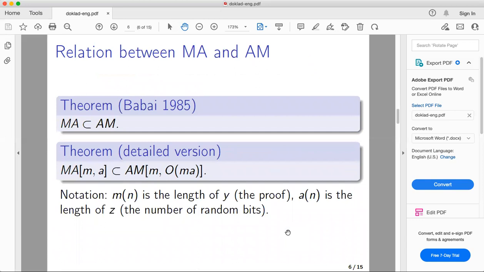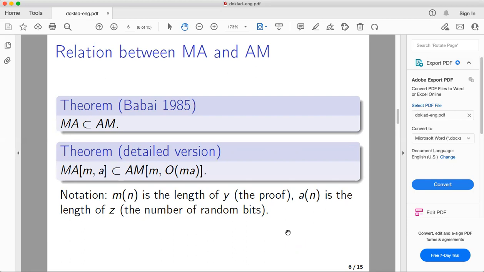What is the relation between these two classes, MA and AM? It turns out that MA is a subset of AM, meaning that interactive proofs provide a more powerful device than just probabilistically checkable proofs. A more detailed version of this theorem reads as follows.